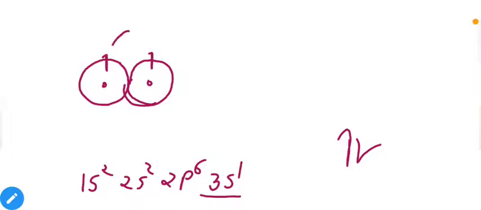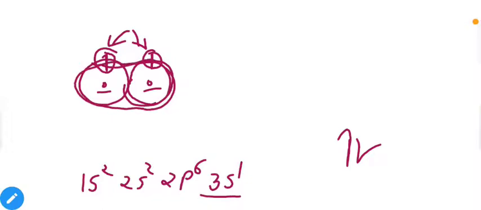Because of the attraction of these single electrons, these metal atoms will be held together in a metallic bond. And in this metallic bond, both of these electrons will revolve around these two nuclei at the same time. That means they can move around both of these in this manner.